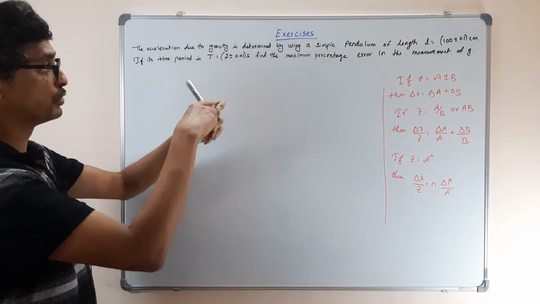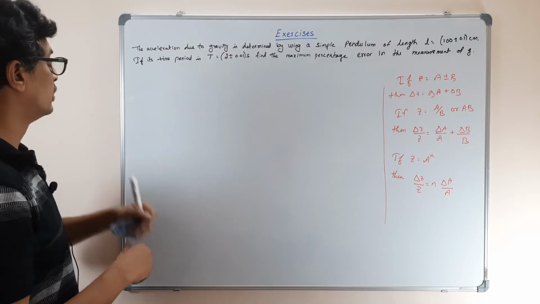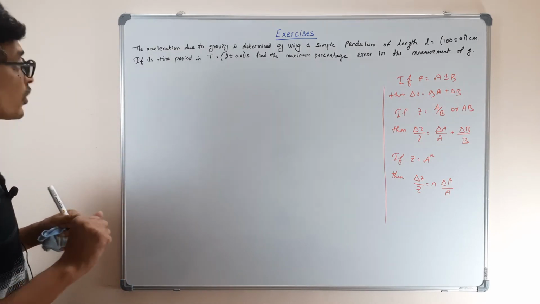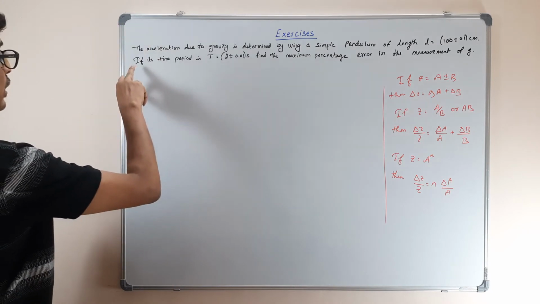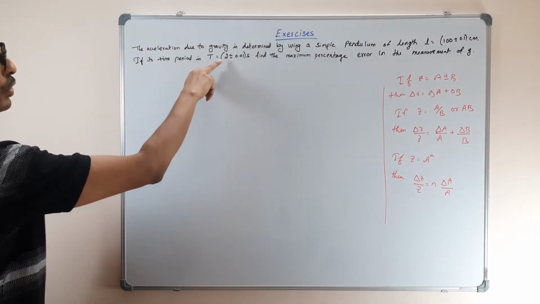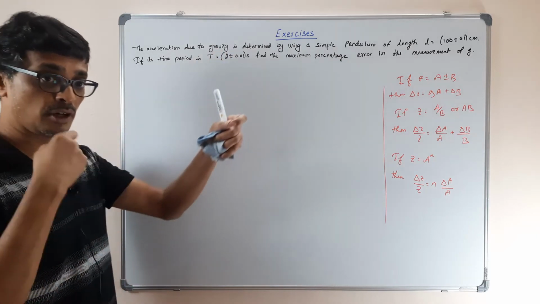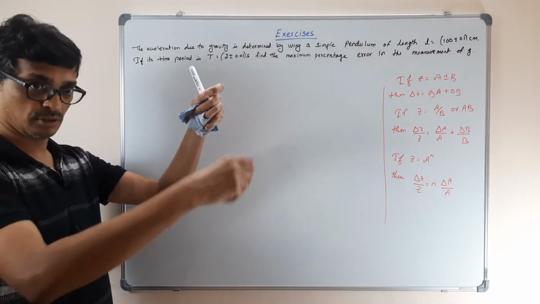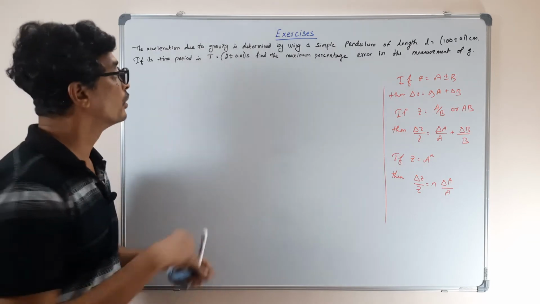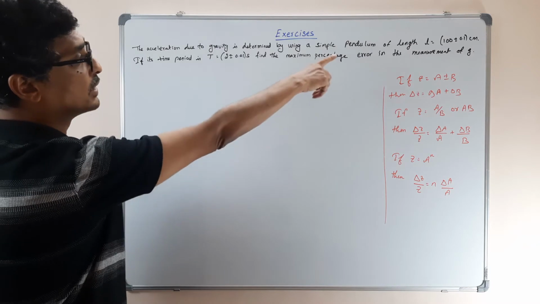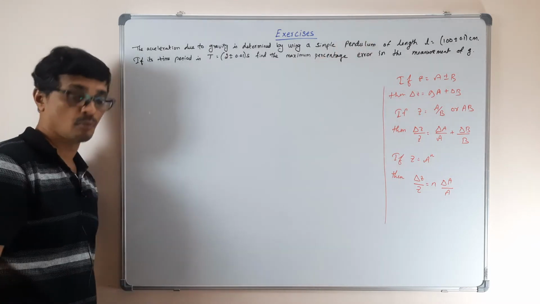They use a pendulum of length 100 centimeter to measure the acceleration due to gravity. If its time period, the time taken for one oscillation, is T equal to 2 plus or minus 0.01 second, find the percentage error in the measurement of g.